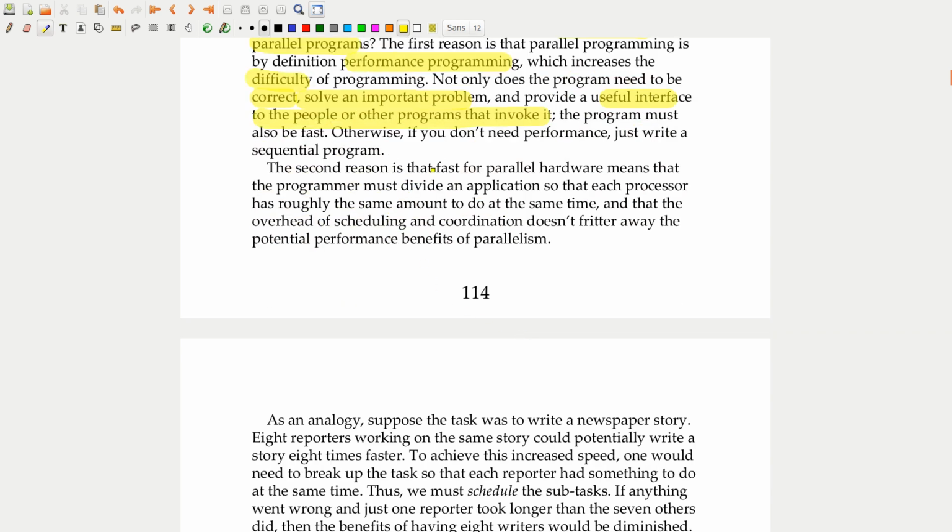The second reason is that fast for parallel hardware means that a programmer must divide an application. This is another interesting problem. Not every application can be divided so easily. Think about, what if I needed to do 4 different operations like division on just different numbers?